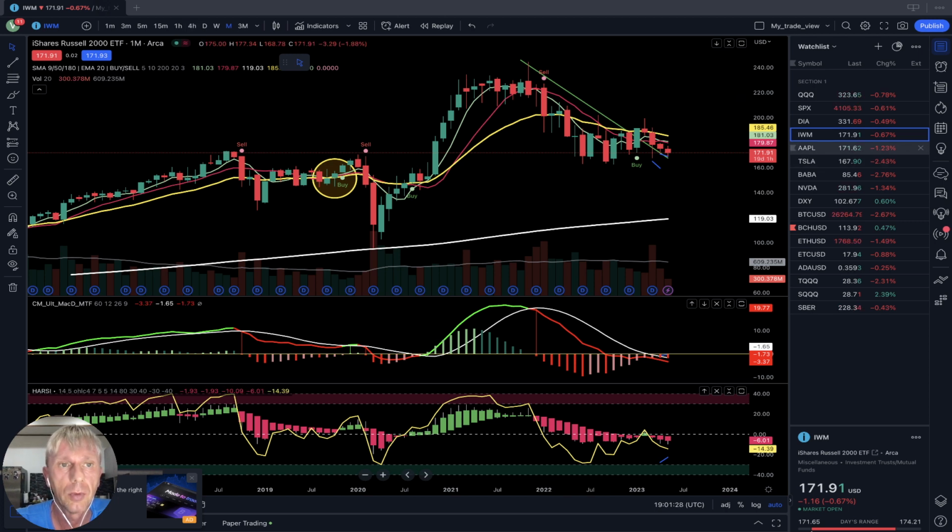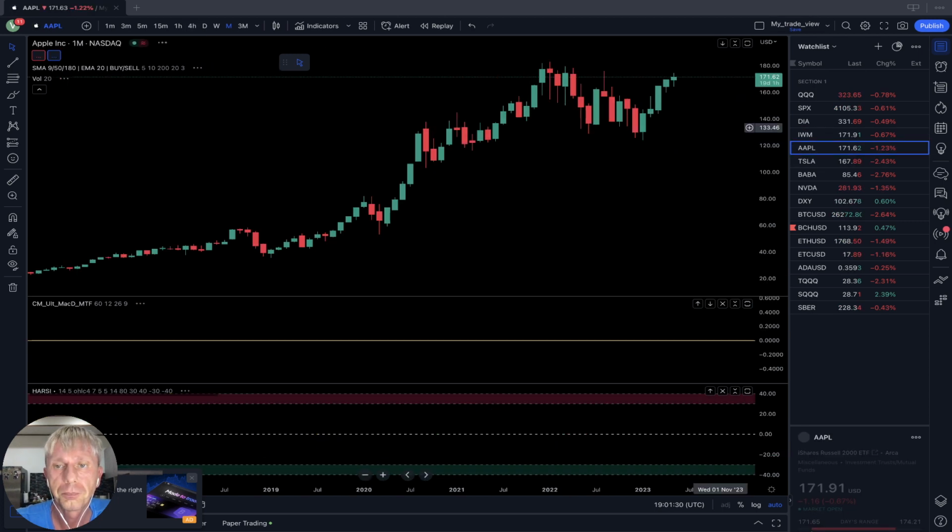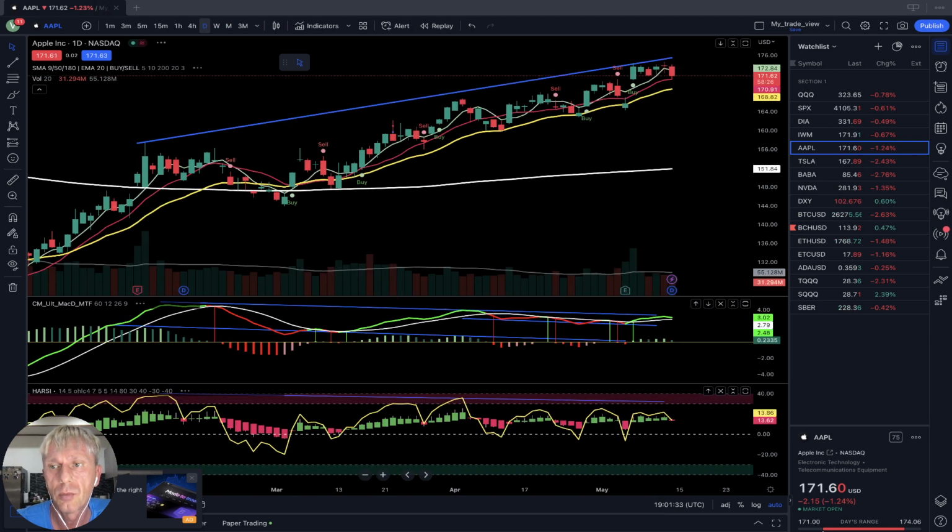Let's move to Apple. Apple daily: red bar, minus 1.25%, negative, bearish bar. MA5 still above 10, MACD still green, Heikin-Ashi red. It's a mixed mode, but no bearish reversal confirmation yet on the daily time frame.